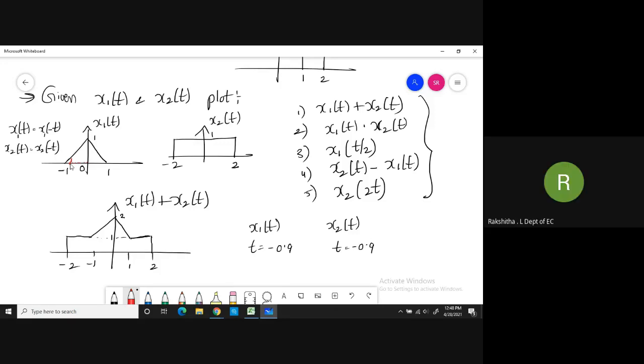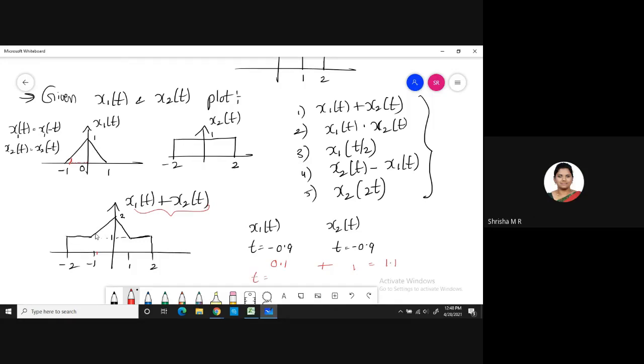Yes, ma'am. 0.1 plus, here you see, what is the signal at t is equal to minus 0.9? It is 1. So what is the signal in this waveform at t is equal to minus 0.9? 1.1, ma'am. 1.1. Okay.